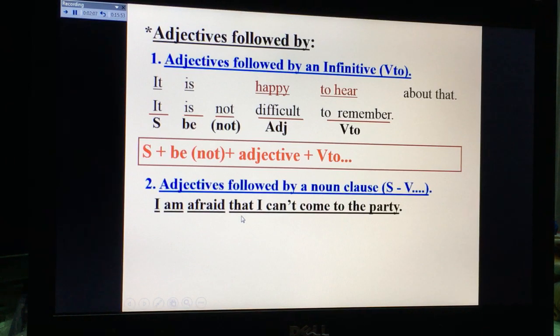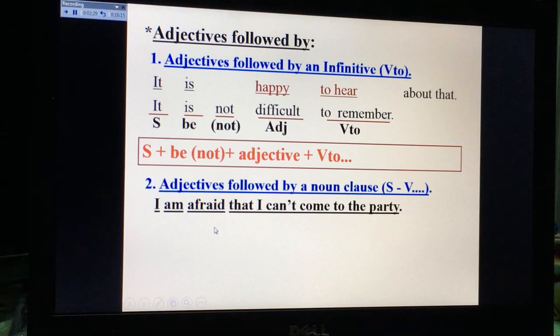We use that I can't come to the party. This is not a V2. It is called a clause. A clause begins with that. We call this part a noun clause. Remember that.